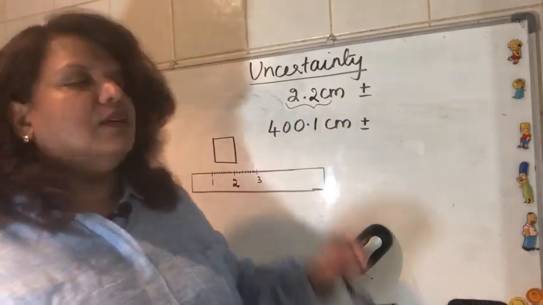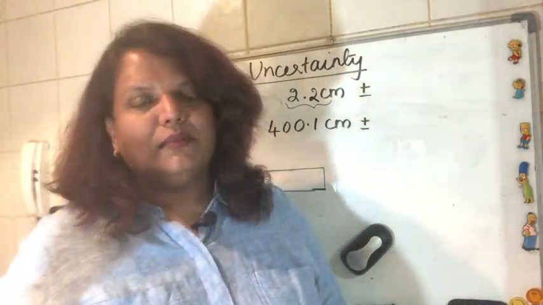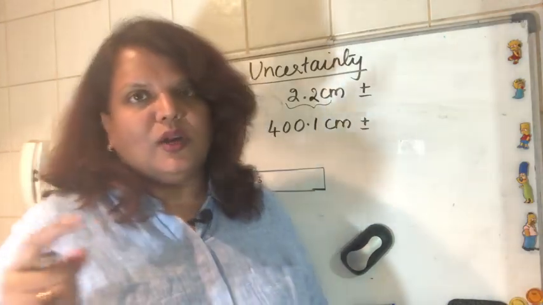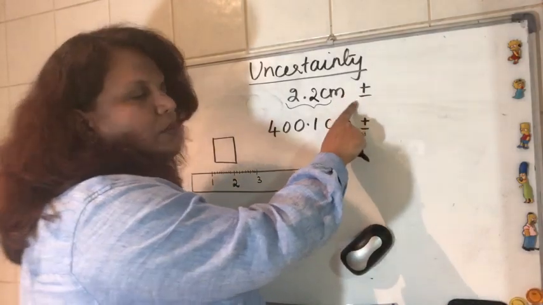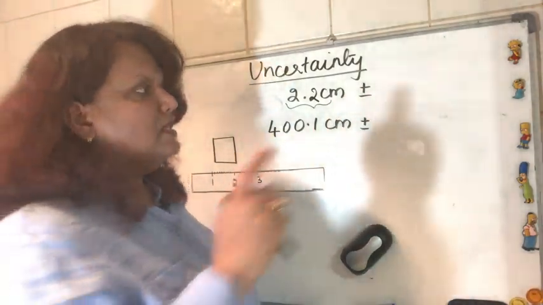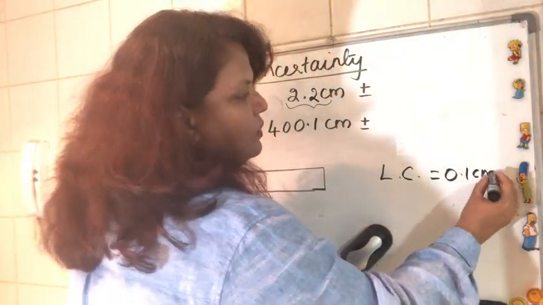So if I use a ruler, what would be the deviation? It could be a maximum of 0.1 centimeter away from the actual reading. So how do we put it as plus or minus? You take the precision or the least count of the instrument. In this case, the least count, or the precision, is 0.1 centimeter for a ruler.